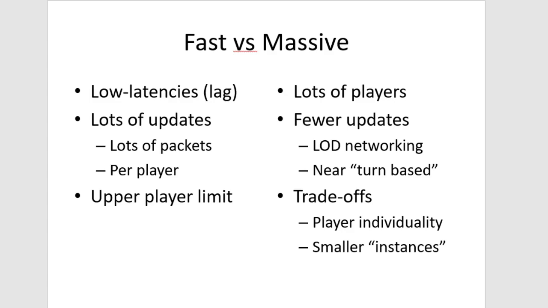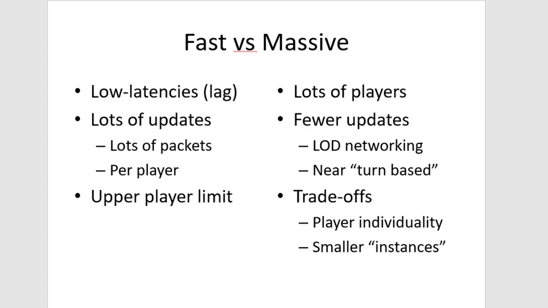There are lots of updates, lots of packets per player, and usually you have an upper player limit, right? You actually have an upper player limit in both, but it's much larger in the massive case, obviously. And so the upper player limit, as we'll see, is really to control the amount of data that you're either needing to download or generally needing to deal with in terms of the bandwidth.